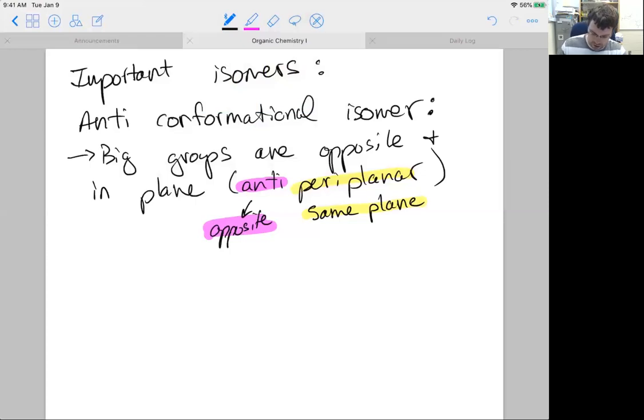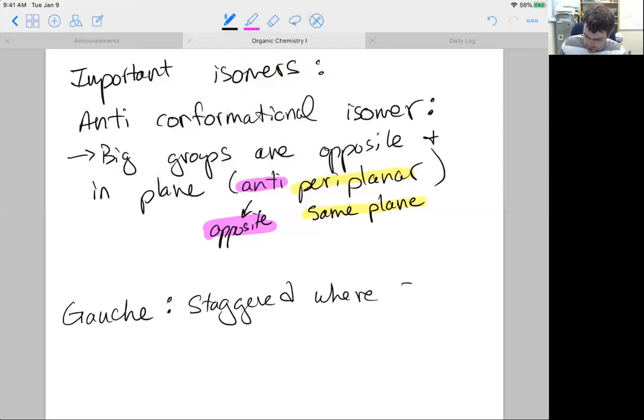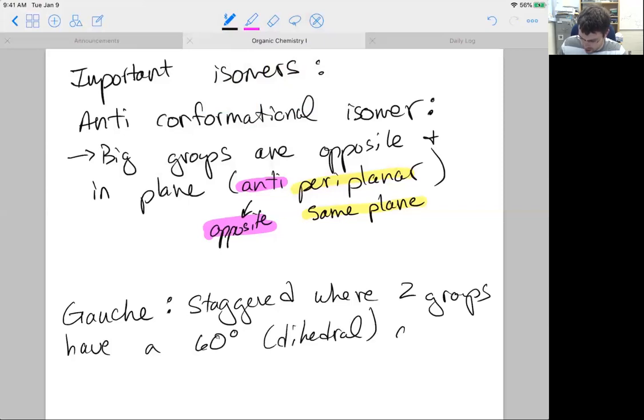Another important conformation was the Gauche conformation. The Gauche conformation is a staggered conformation where 2 groups have a 60-degree dihedral angle.